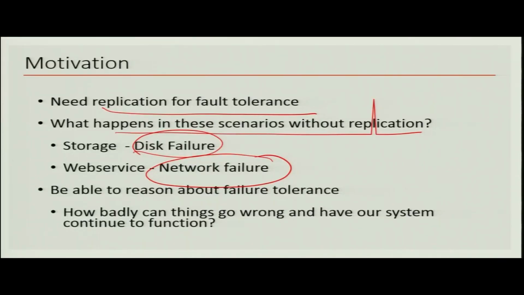We will see what can go wrong and when we can guarantee that it will be totally transparent to the client whether something has failed or not, how many failed, etc. Can we guarantee that?